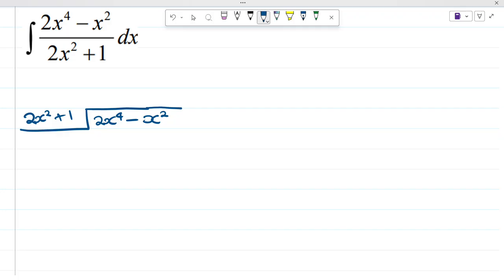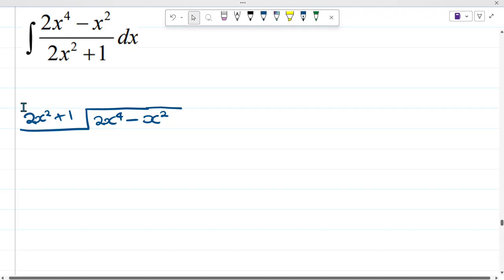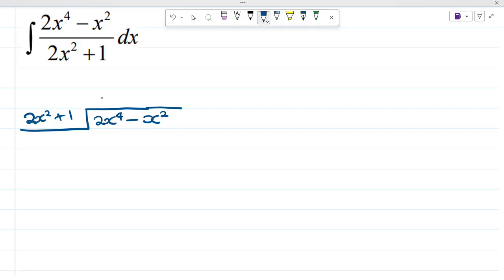When I analyze this, I have 2x to the power 4, so I need to divide: 2x to the power 4 divided by 2x squared. I'll just get x squared here.